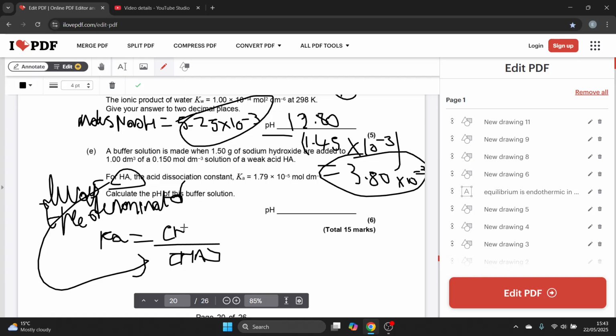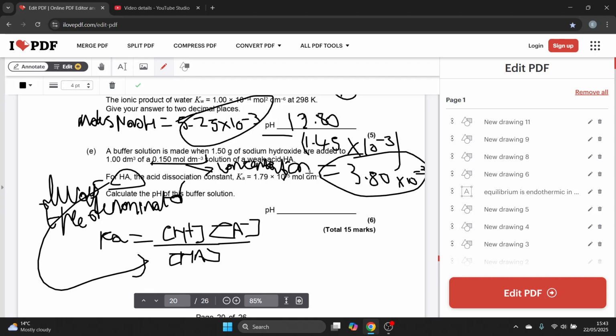I've got H plus at the top, and A minus at the bottom and the top as well, numerator. This much of hydroxide ions added to this much of weak acid HA. So I've got the concentration of the weak acid HA. That's the concentration, which is really nice.